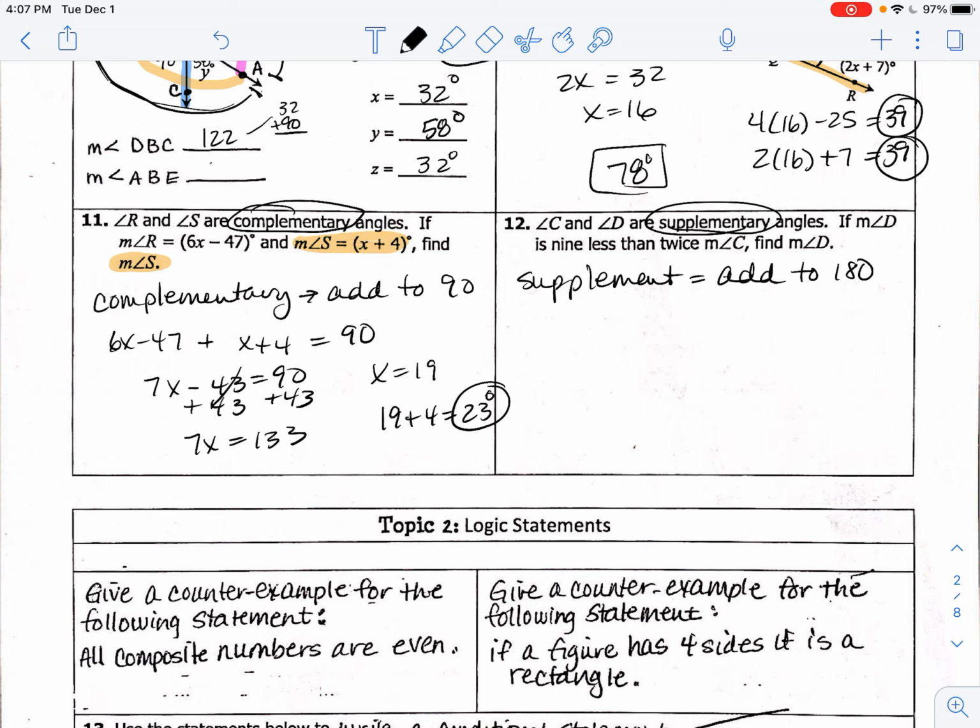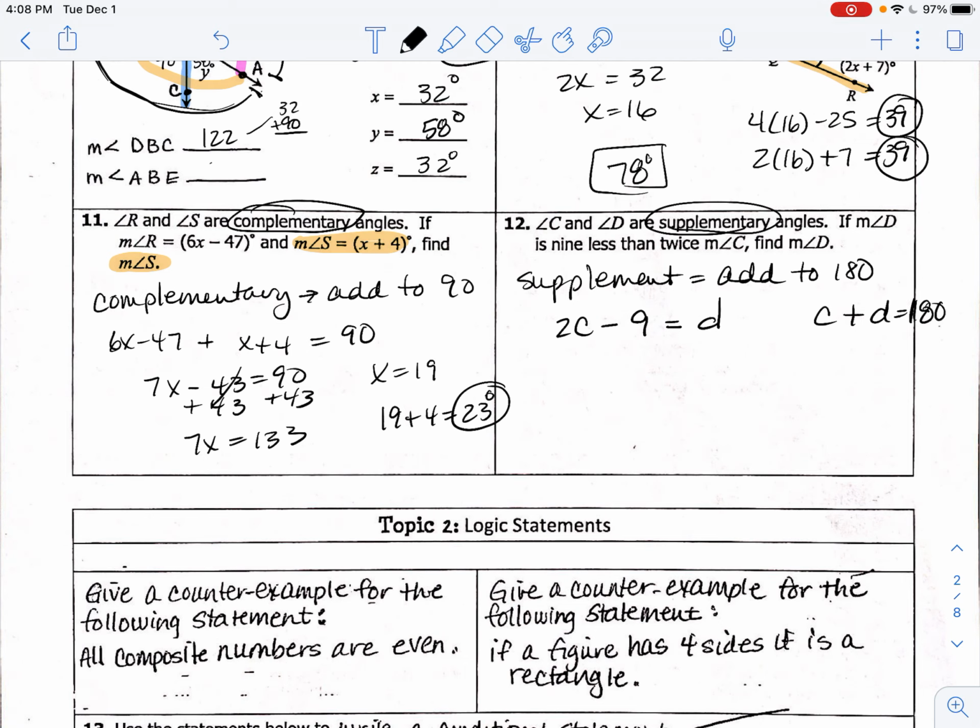If the measure of angle D is 9 less than twice the measure of angle C, so 2C minus 9 equals D. Angle C and D, so C plus D equal 180, right?